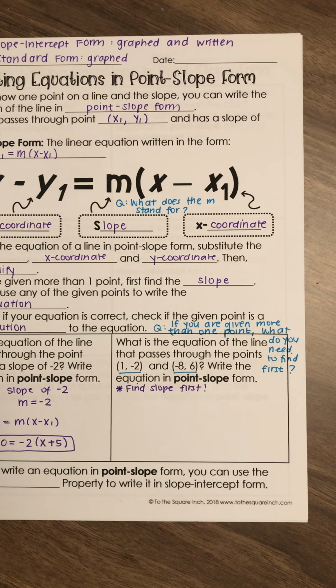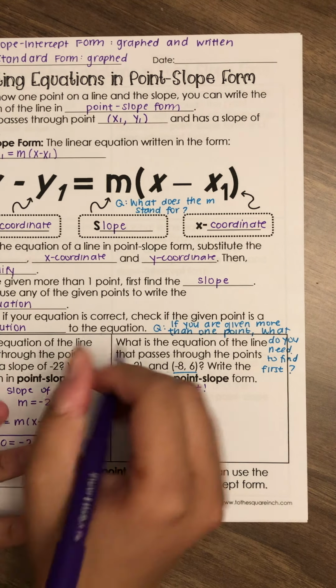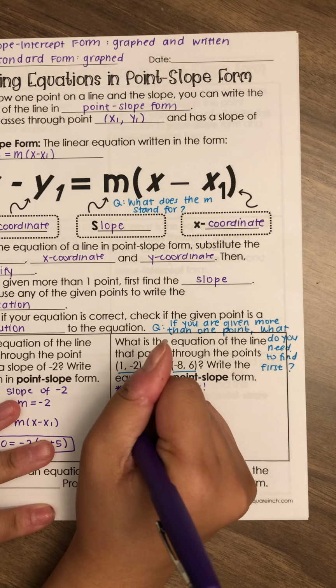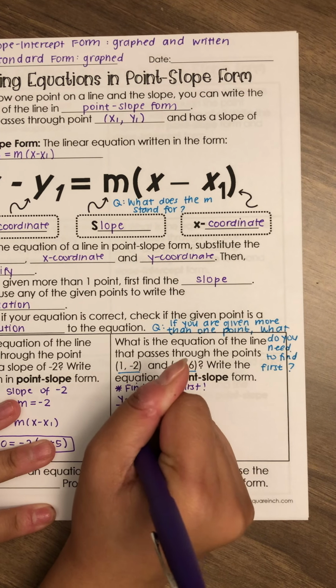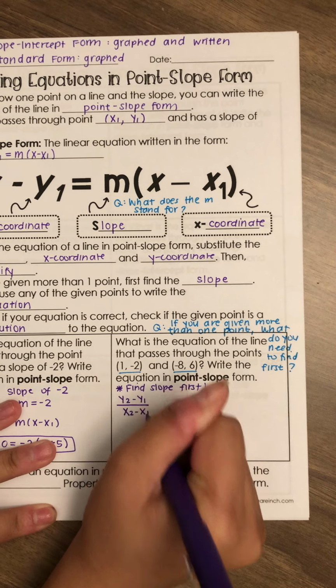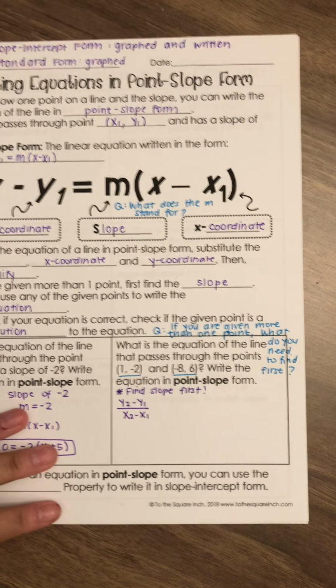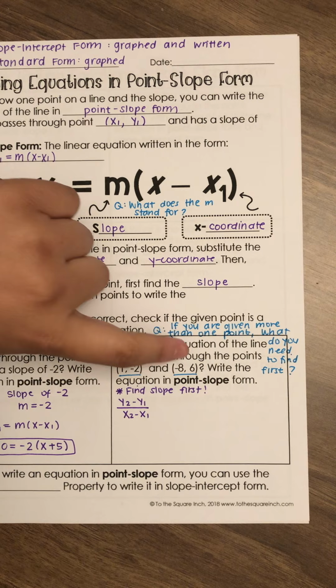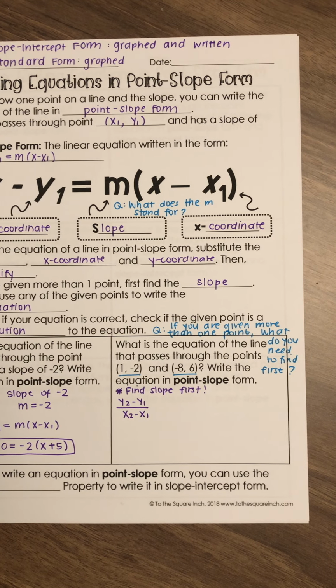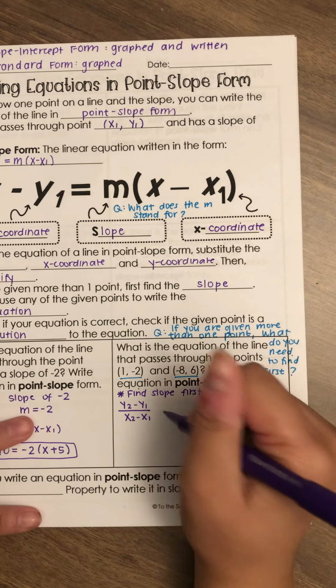If you remember finding slope in our previous section, we found slope using this little formula, y2 minus y1 over x2 minus x1. That was in our 4.1 notes. I'm really just plugging in my x and y coordinates to its proper spot.